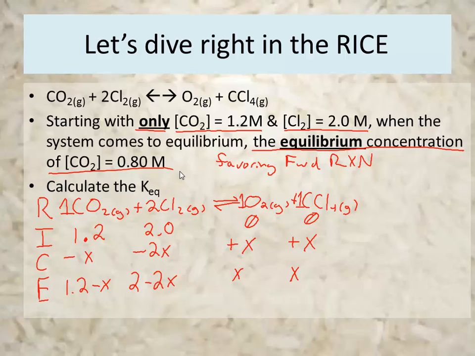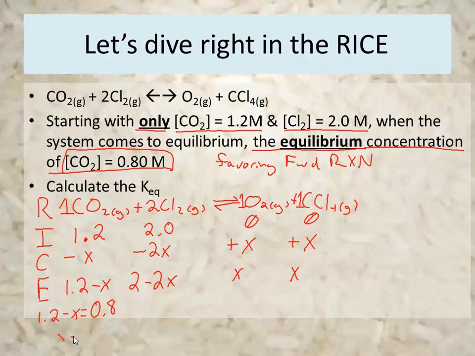Okay? So I'm going to let you guys see for a second what you can figure out for the equilibrium constant. So this key information: at equilibrium, my concentration of CO2 is 0.8. So I can tell that 1.2 minus X is equal to 0.8.